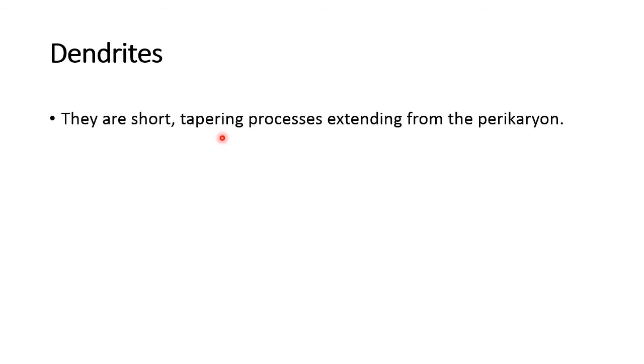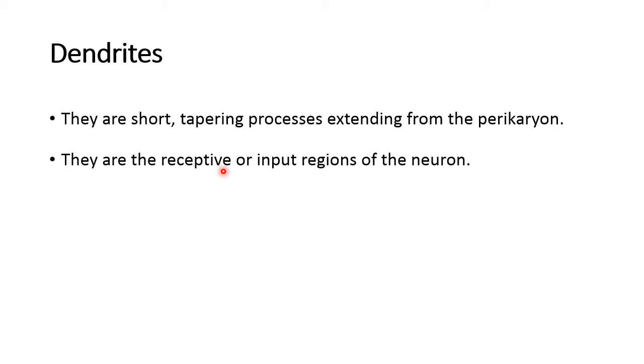Let's talk briefly about dendrites. They are short, tapering processes extending from the perikaryon, and they are the receptive or input regions of the neuron. They receive the impulses and act as receptors.